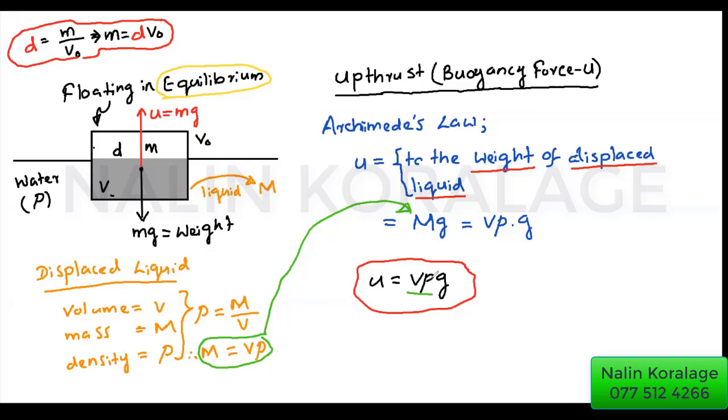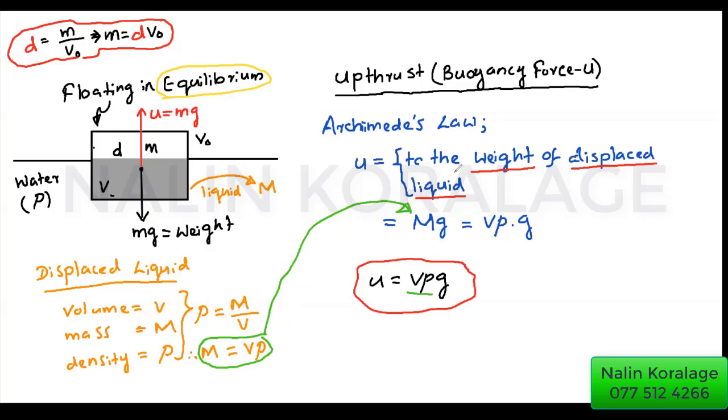That's it. Fine. So this is called the upthrust or the buoyancy force, and it is given by Archimedes' law, which states that the so-called upthrust or buoyancy force is given by the weight of the displaced liquid.